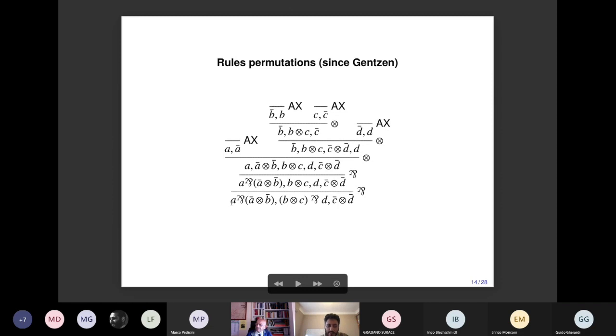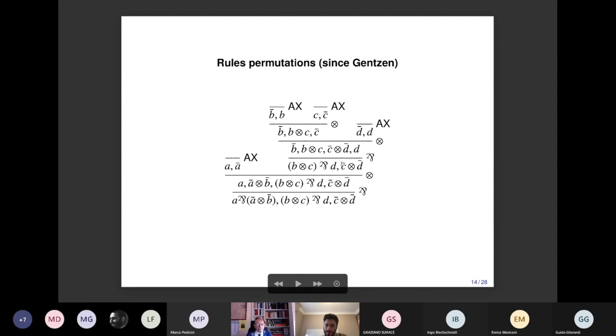And again, just to be annoying, this rule here, which introduced this par between these two formulas, can we push it up in the derivation until, I don't know, I put it here. And again, I just applied some rule permutation, changing the order of some rules which have no dependency between them.